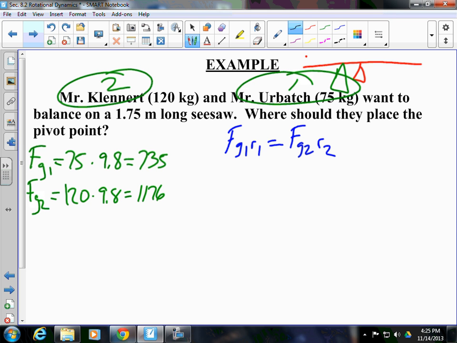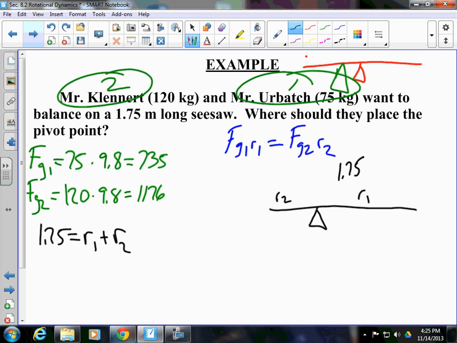If I draw a seesaw, the whole thing's 1.75 meters long. R1 is going to be here, R2 is going to be over here. We know they're going to be offset, which means that we could say that 1.75 is equal to R1 plus R2.